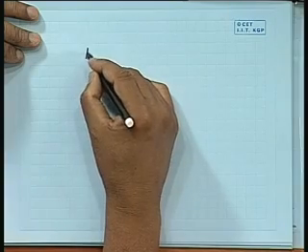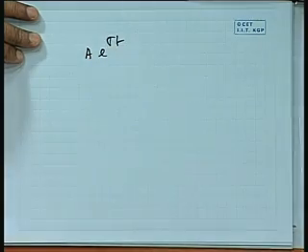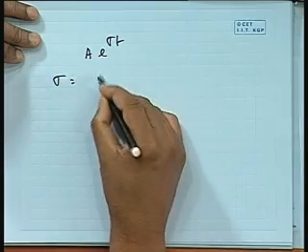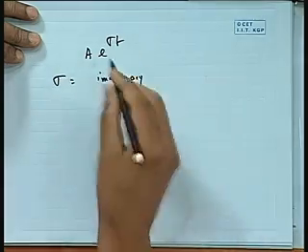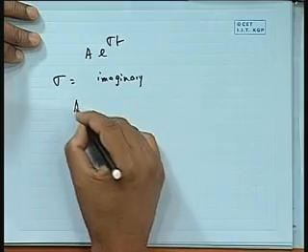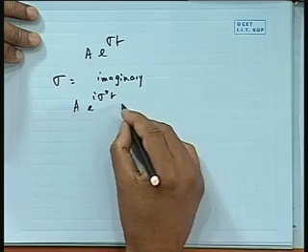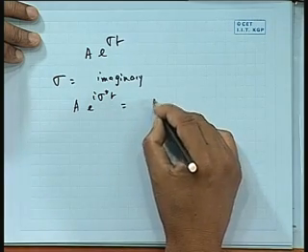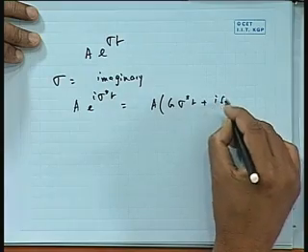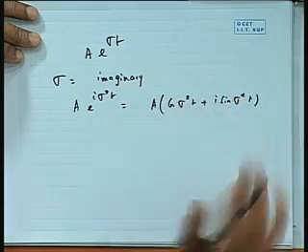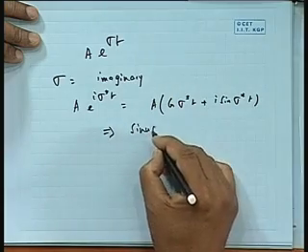We will look into that one by one. Supposing I take a condition of A into e to the sigma t. Say sigma is imaginary. Then this becomes A e to the i sigma star t, which is nothing but A into cos sigma star t plus i sin sigma star t, so this becomes a sinusoidal solution.